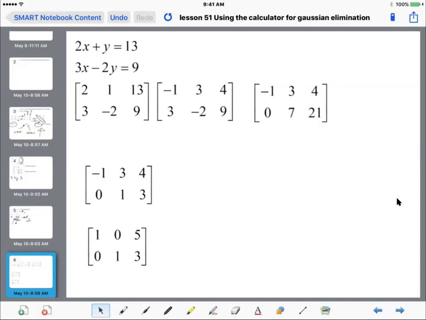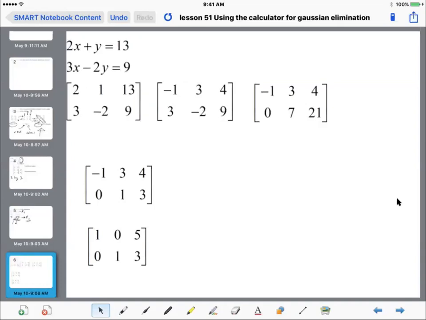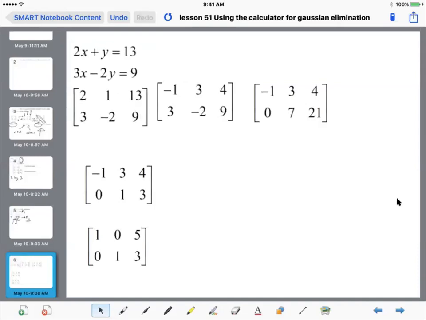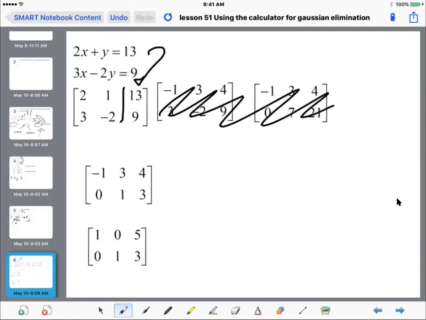Okay, so what we see here is that this 2 by 2 system of equations can be expressed as this augmented matrix. Let's not worry about these 2, I forget what those are there for.